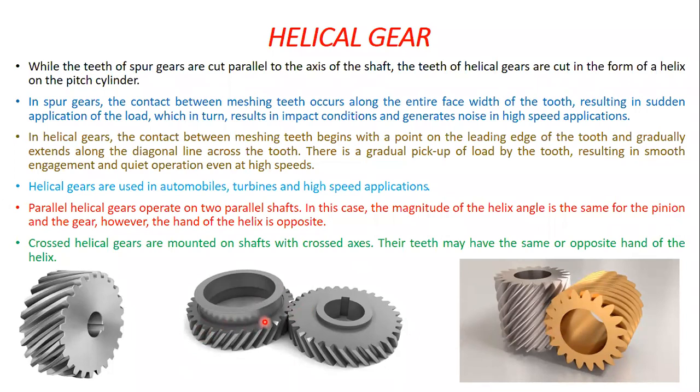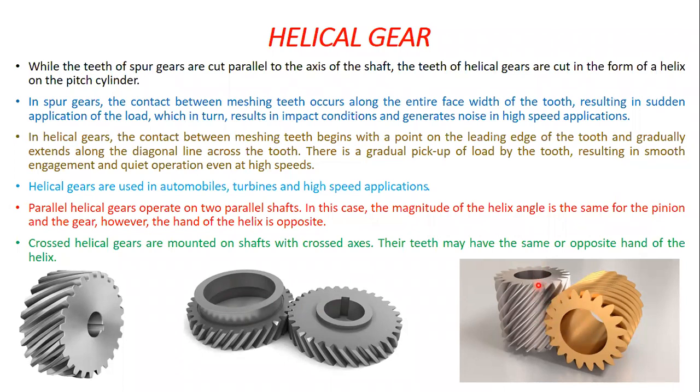These parallel helical gears operate on two parallel shafts. Here you can see that the two shafts are parallel to each other. Whereas in the cross helical gear, the shafts are mounted crossed. Here you can see that these shafts are not parallel. It is going to be crossed axis.